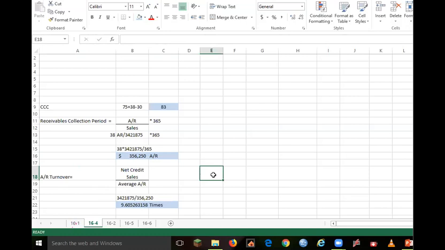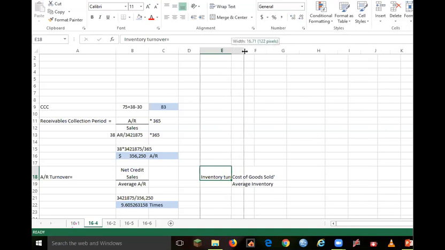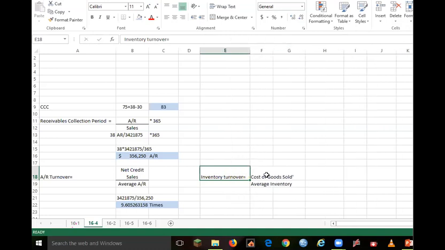So the inventory turnover formula is cost of goods sold divided by average inventory.